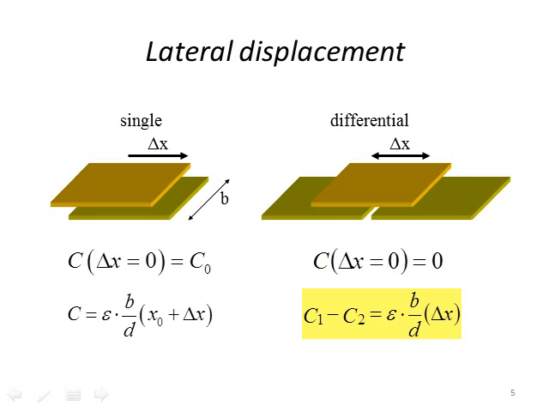And in this case, B is the overlap distance, this would be in the y direction, and d is a constant separation distance. When delta x is equal to 0, then the change in capacitance, or the difference in capacitance, is going to be 0. That means C1 is equal to C2.